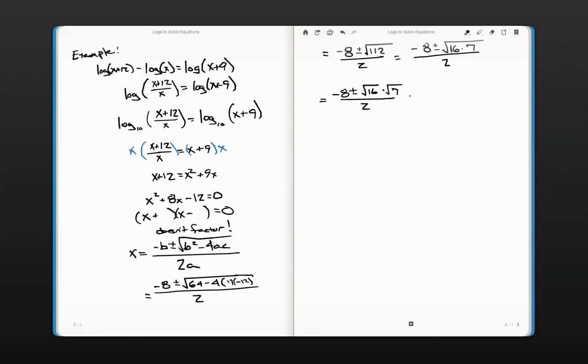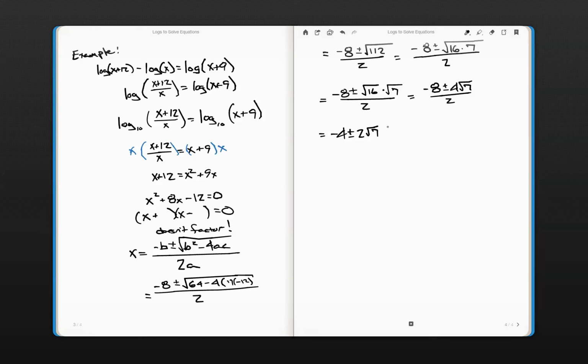all over 2. Now I know this is trivial for some of you, but I know some still struggle with radicals, so I'm going to go through the whole thing. Or I might miss a negative sign. So this is 4 root 7 all over 2, which means this simplifies down to negative 4 plus or minus 2 root 7.